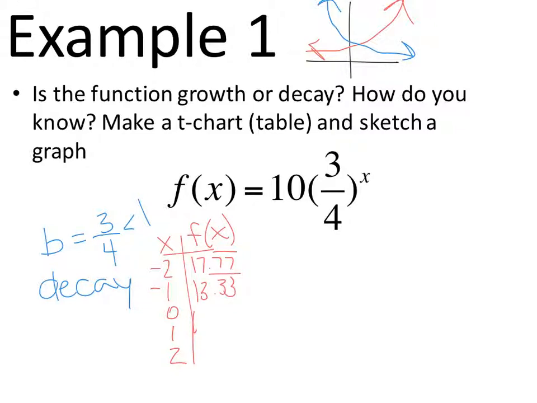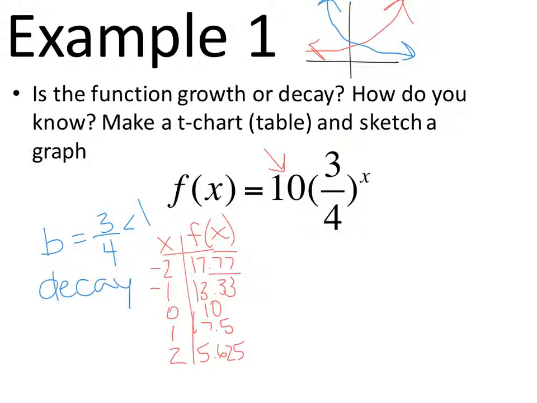If I put 0, I get 10, and we should know that because remember this a is our starting value. It's our y-intercept. So when x is 0, my y value is 10. For 1, if I put 1 as my exponent, I get 7.5. And when 2 is my exponent, I get 5.625.